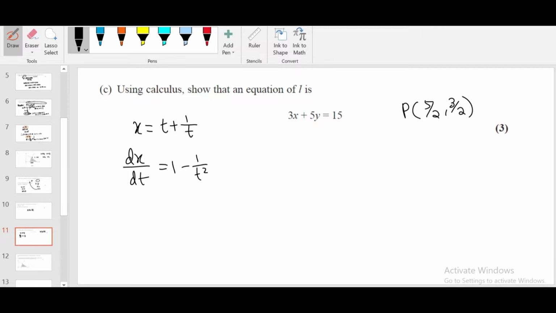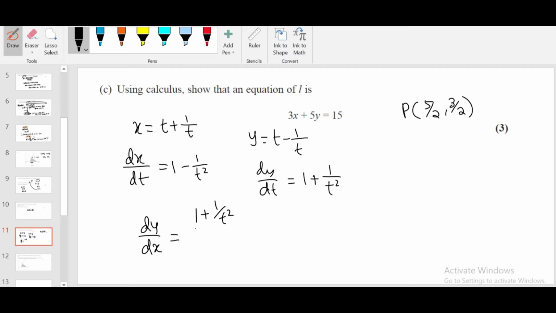We have y is equal to t minus 1 over t. dy by dt is 1 plus 1 over t square. Now write dy by dx is equal to dy by dt divided by dx by dt.